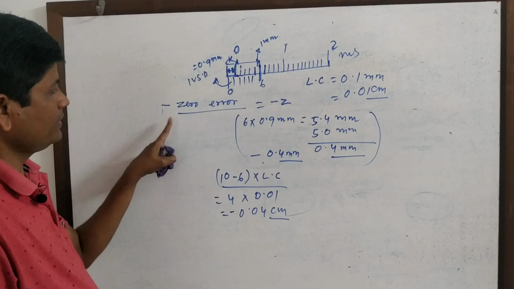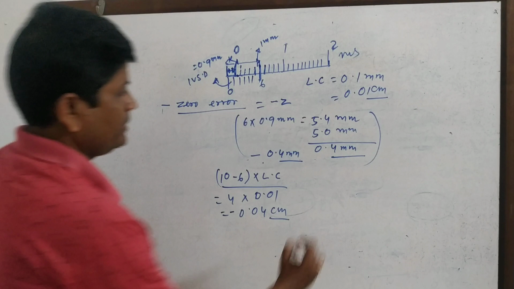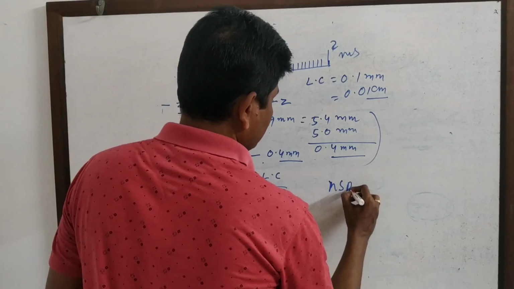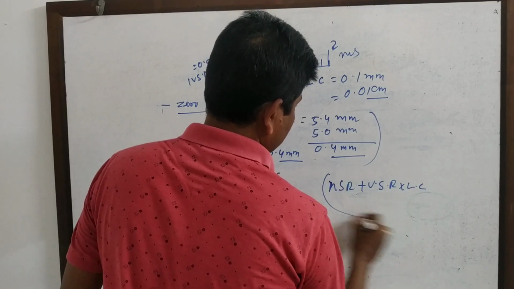The zero error will be subtracted from the main scale reading plus vernier scale reading into least count.